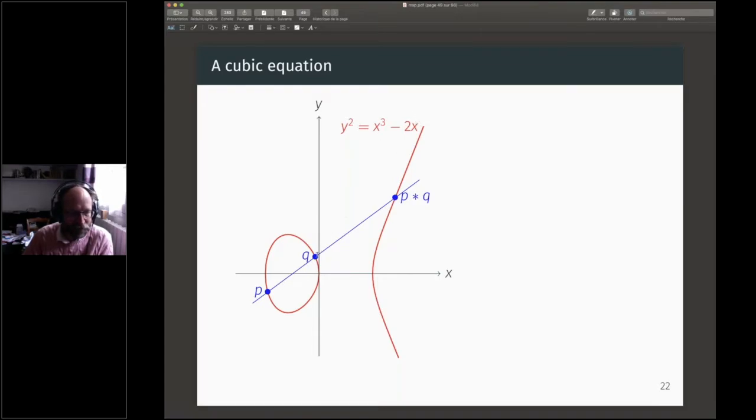I have two solutions, the abscissa of P and Q, and so there is a third solution, which will be the abscissa of P star Q.